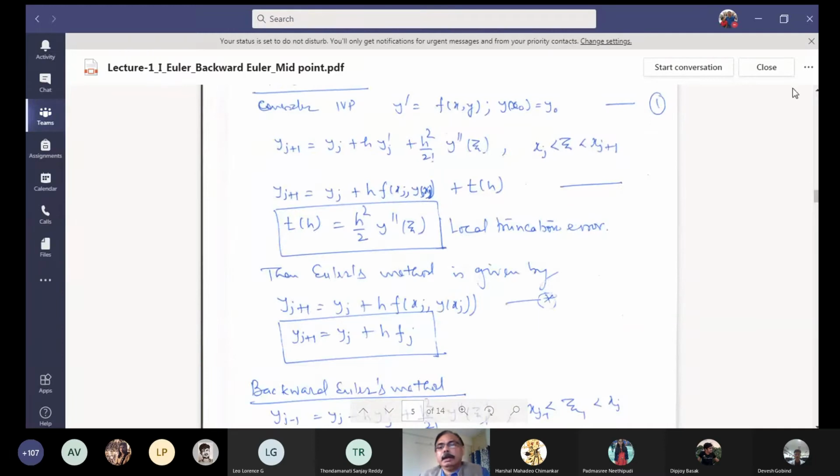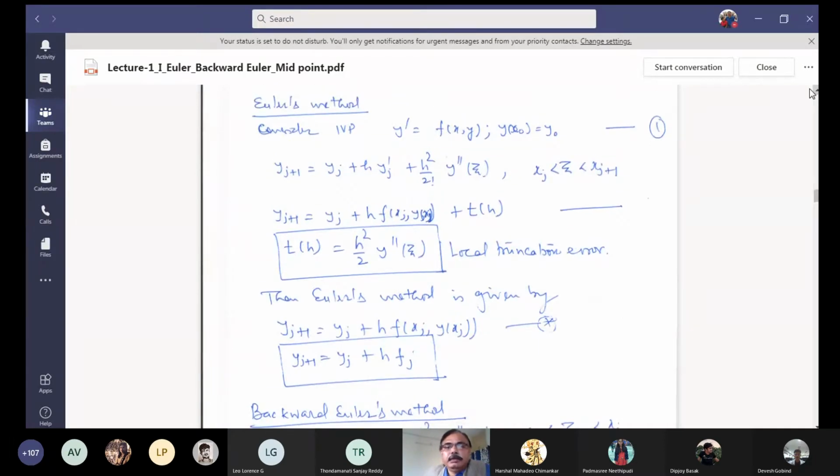So we have a differential equation y prime equal to f(x,y). I have already told that this is a non-linear differential equation. When we say that y prime equal to f(x,y) is a non-linear differential equation, it is because f(x,y) is a non-linear function in y. What is the meaning of non-linear function in y?